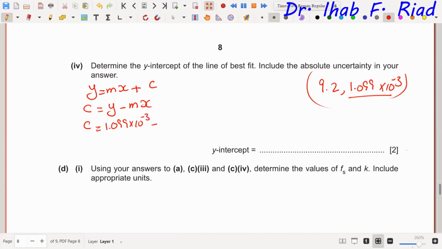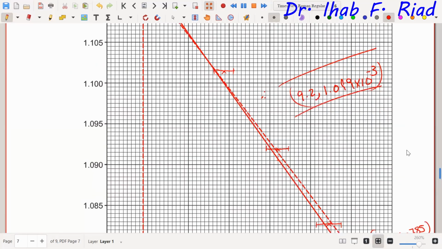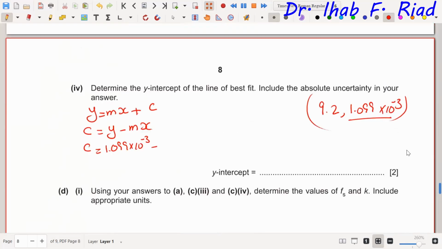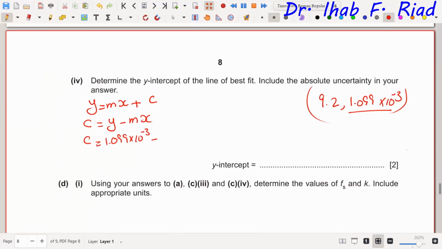What is the gradient? 3.5 times 10 to the power minus 6.